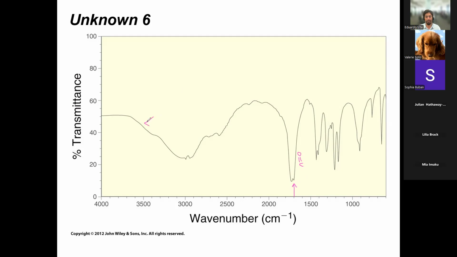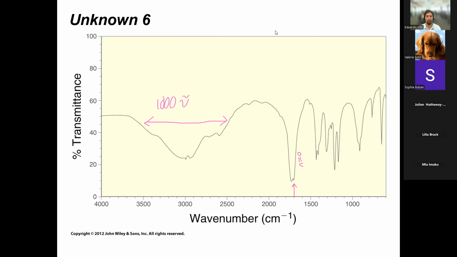And I noticed this extremely wide, 1000 wave number wide signal. What is this one? Just based off of the width alone. So we have a carbonyl peak, so we must have a carbonyl functional group.